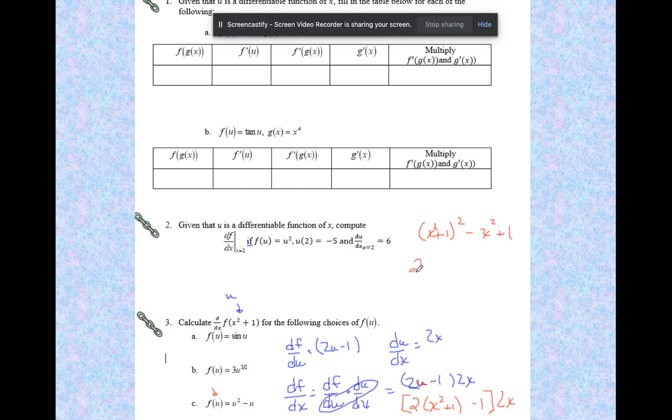And what would I get? I would bring down the 2, copy over the middle, subtract 1 from the exponent, spit out the derivative of the middle, take the derivative of x squared and the derivative of 1. Are these two things the same?